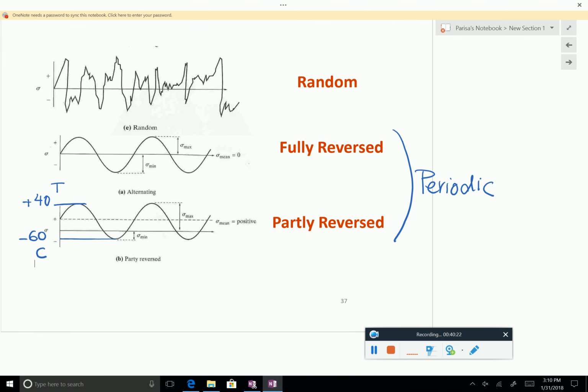Try to just calculate them, see if it makes sense. Let's use megapascal here, for example.